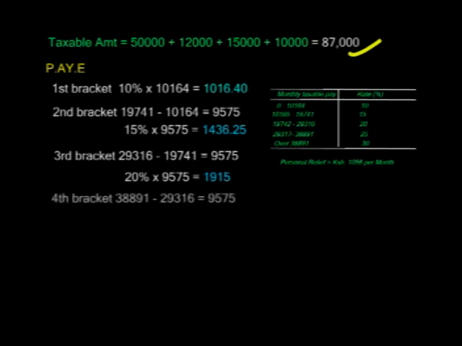Now in the fourth bracket, I tax all the amount between 29,316 and 38,891. The difference is 9,575. 25% of that gives me 2,391.75 cents.